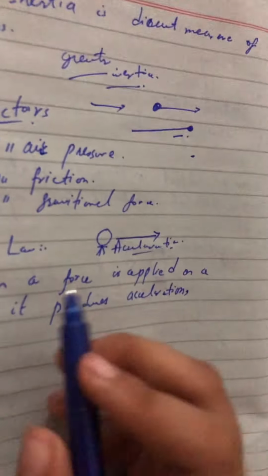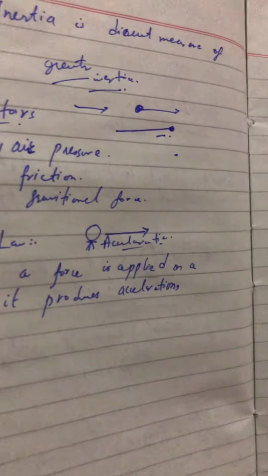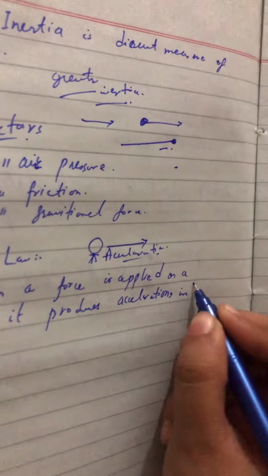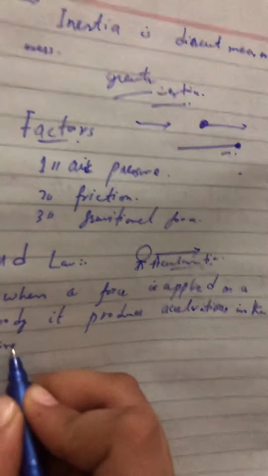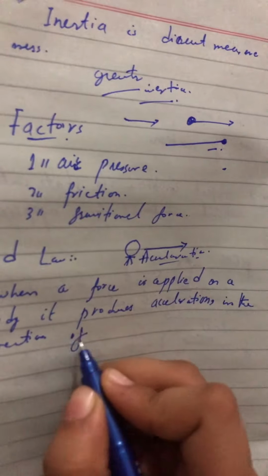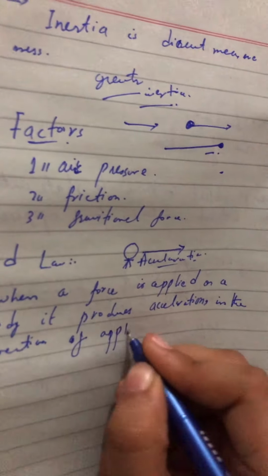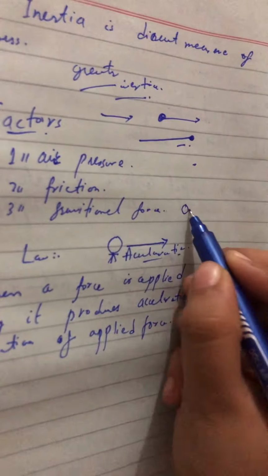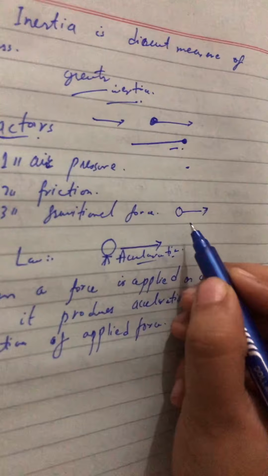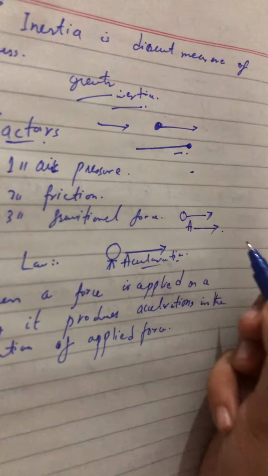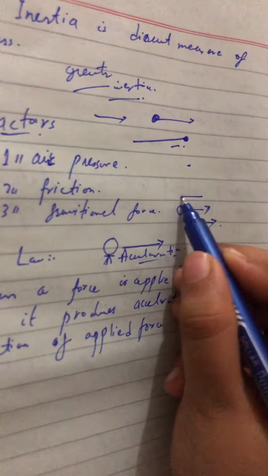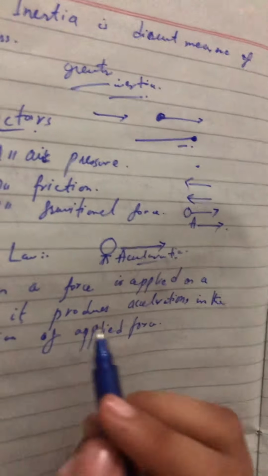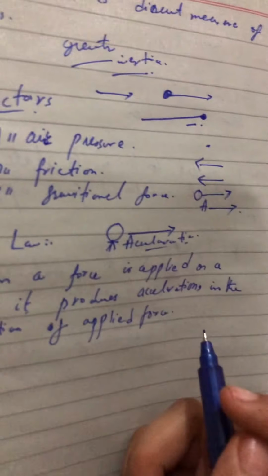He is saying that when a force is applied on a body, it produces acceleration in the direction of the applied force. What is meant by this? If a body is moving in this direction, the acceleration will also be produced in this direction.